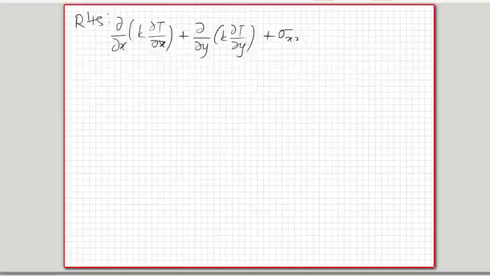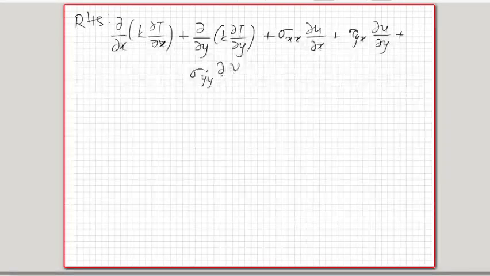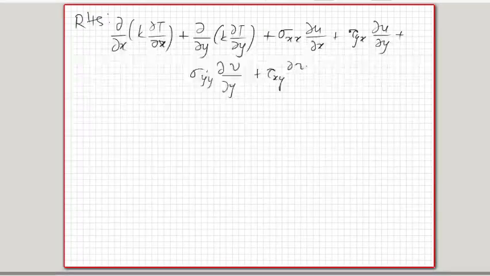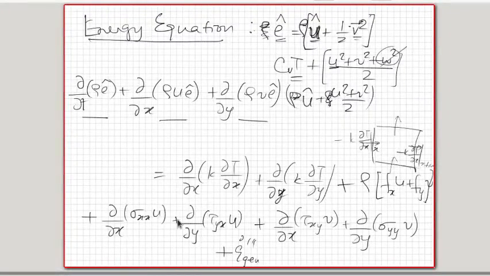sigma xx del u by del x plus tau yx del u by del y plus sigma yy del v by del y plus tau xy into del v by del x. So these are the 4 terms that will remain out of the 8 terms that actually come out of this equation here, the right hand side.